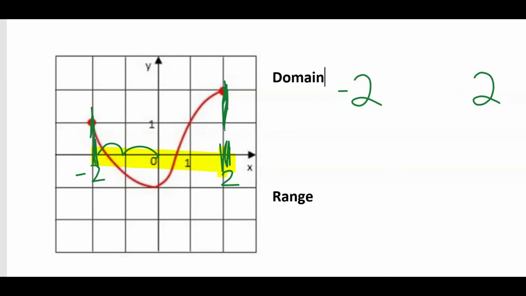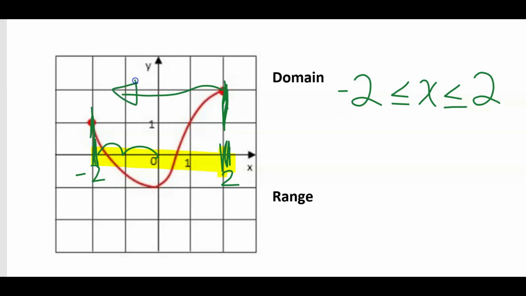So if I'm talking about domain, x is going to be in the middle. I'm comparing those two numbers, how wide my graph is, to x. And it's going to look like when we described that set of numbers earlier. X is always greater than or equal to negative 2. And x is always less than or equal to positive 2. It never goes above positive 2.